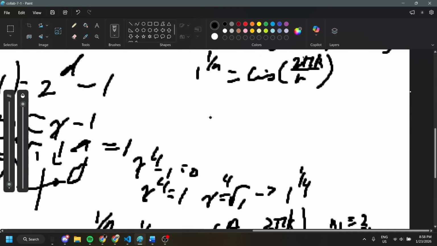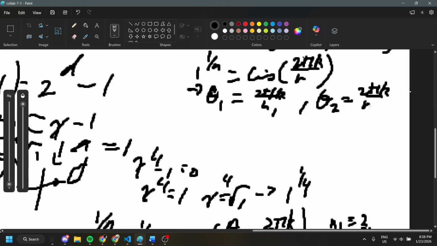So then we get the angle of both of these, which is the only thing that matters. Theta of the first one is equal to 2 pi k over n1, and theta of the second one is equal to 2 pi k over n2.